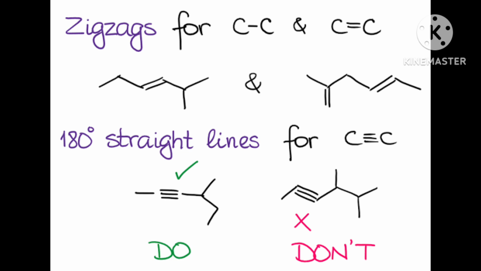After that you see carbon number 2, and also in mind you count carbon 1, 2, 3, 4, 5, 6, 7.